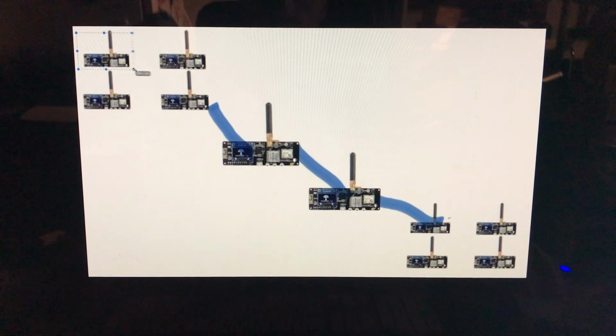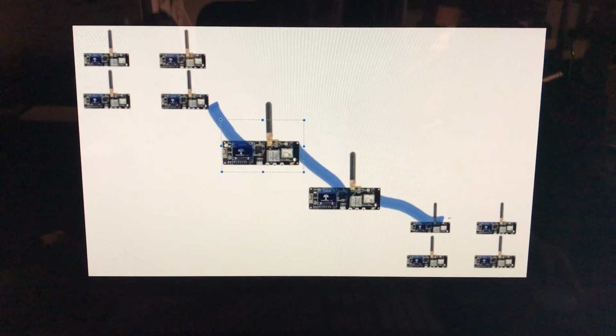This guy up here sends payload. It's received by this node, and this node, and this node. This node then hops it to this node here. That's 1 hop.